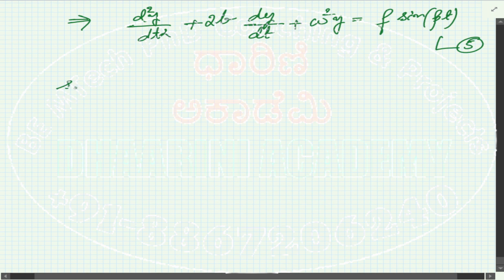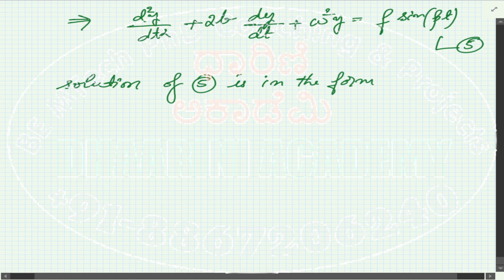The solution of 5 is in the form, let's write, a sinusoid denoted by some amplitude a into sine of, the frequency remains the same as the exciting function, that is f sine pt has a frequency p. So that's the p term coming here, pt minus or plus an angle.